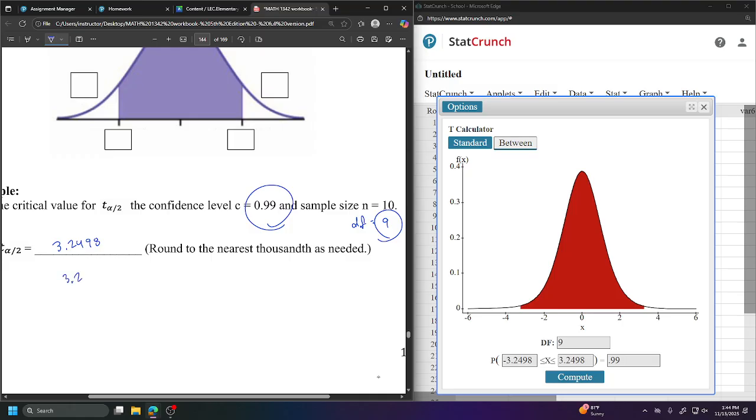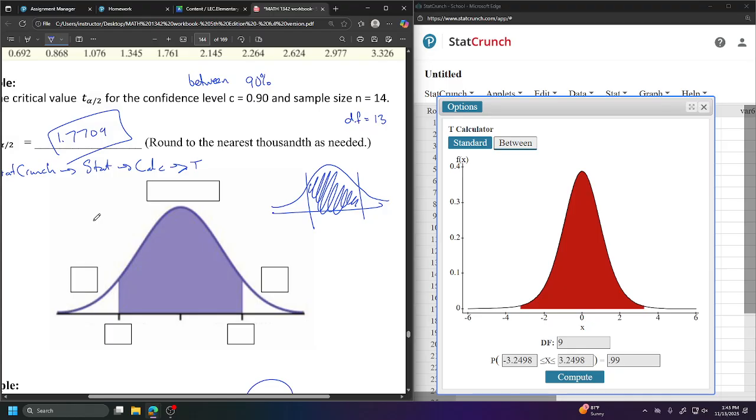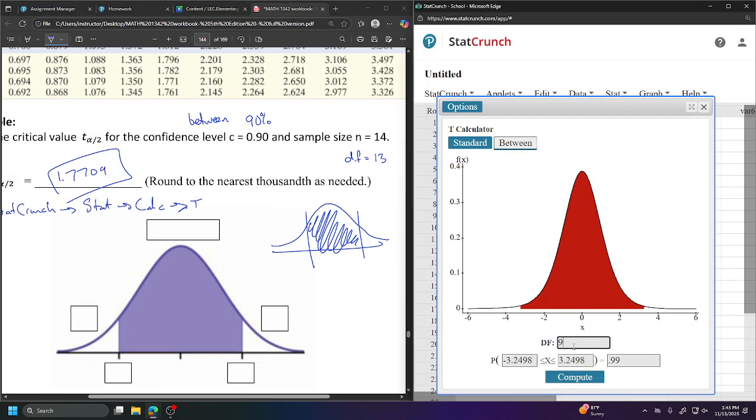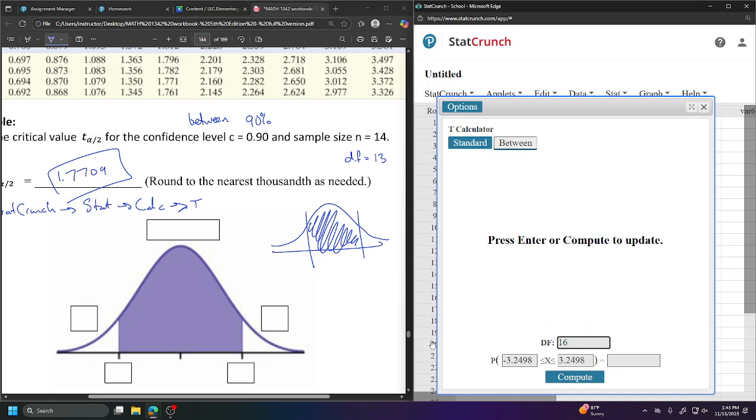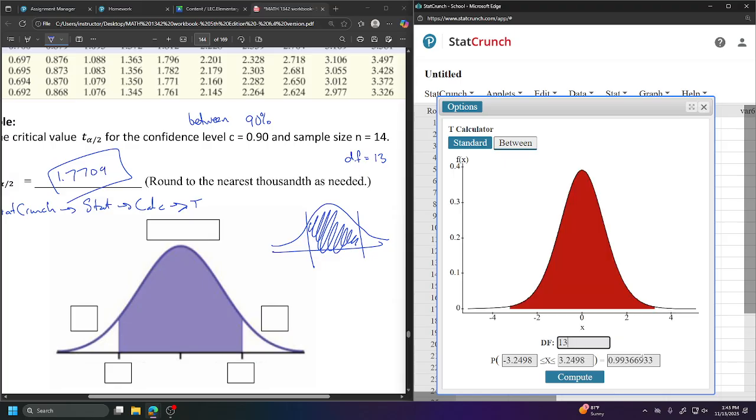I think if you round it to the nearest thousandth, it would be like 3.25. I want to draw a picture, though, too. Pictures are so cool. So I did the 13. Oh, this thing?